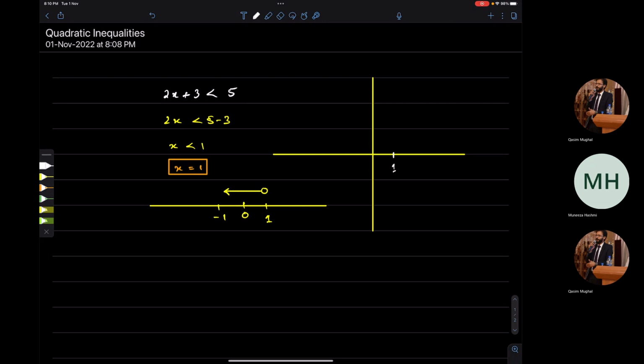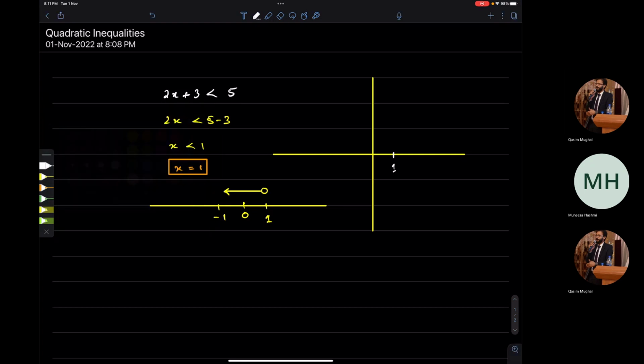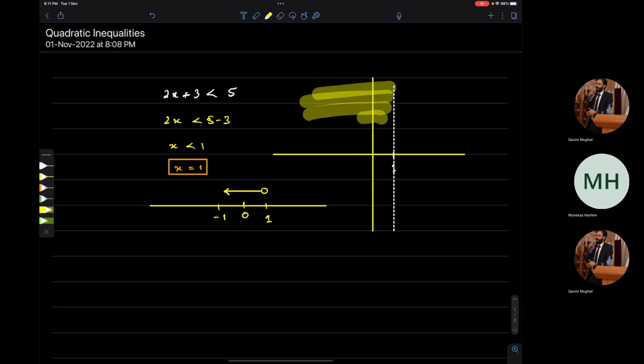So for example, you've got 1 here. In this case, the inequality is without the equal sign, so it is going to be a dotted line instead of a solid line. So this is how it is going to be, and as it is less than that, I'll be shading on the left of this line.